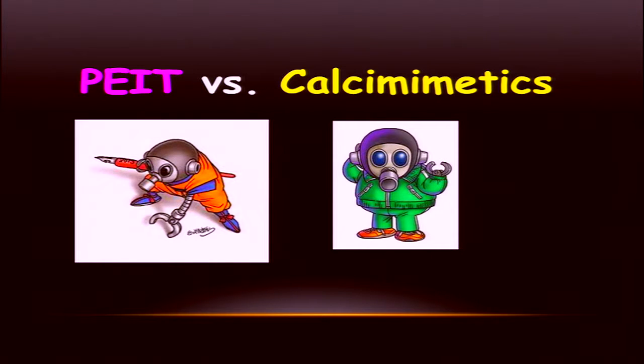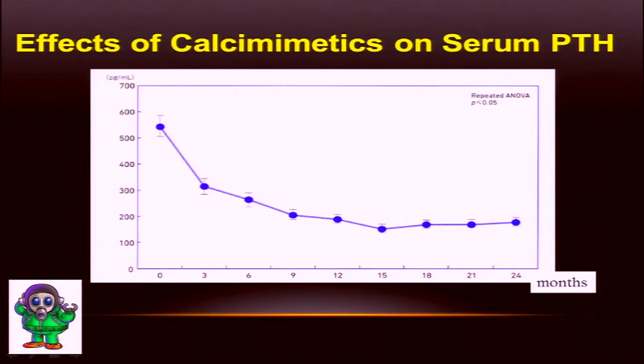So using Sensipar is safer, and we don't lose money. So Sensipar almost drove PEIT away in 2008. I downloaded effects of Sensipar on serum PTH from the pharmaceutical site. They titrated Sensipar to reach the appropriate level.